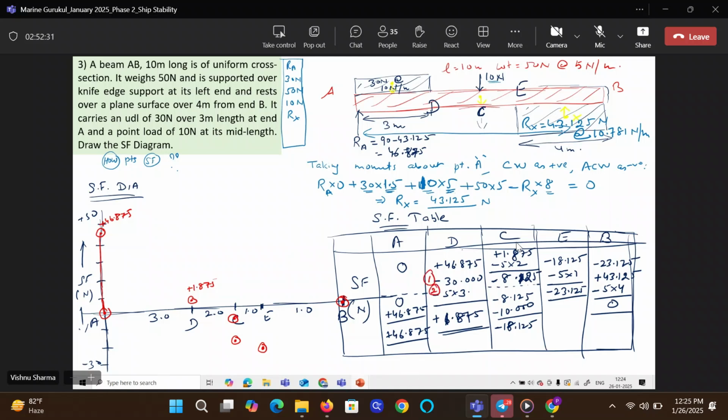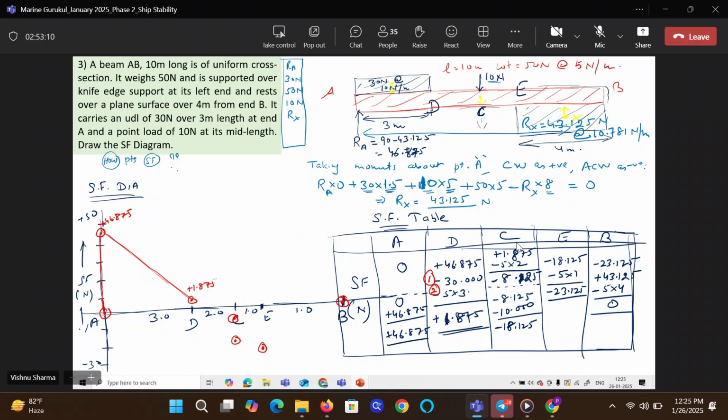There are two factors bringing the SF from plus 46 to plus 1: the UDL of 30 newtons and the weight of the beam. Are both factors at a uniform rate? Yes, sir. So the resultant will also be at a uniform rate. Straight line. So we'll put a scale and join them with a perfect straight line here.